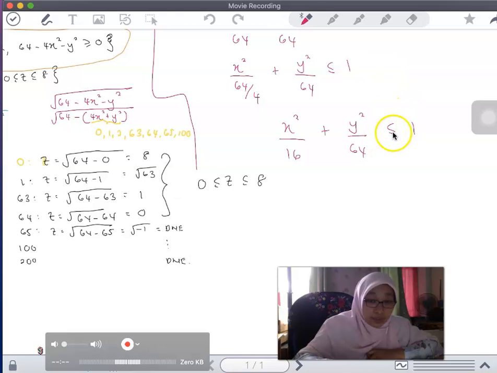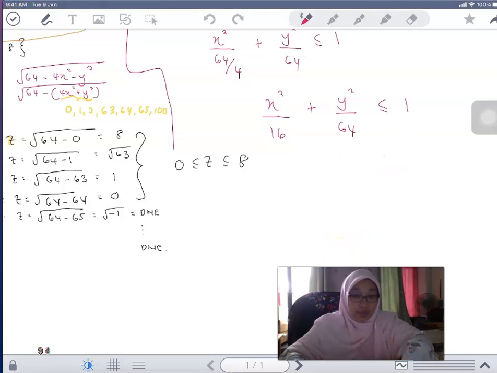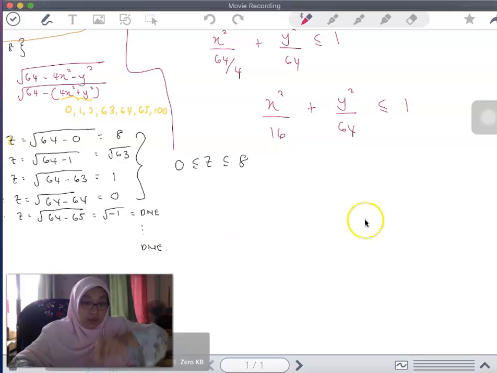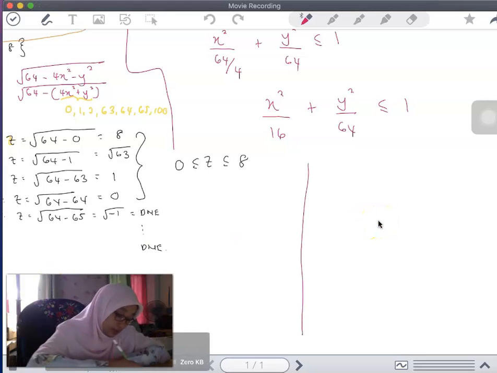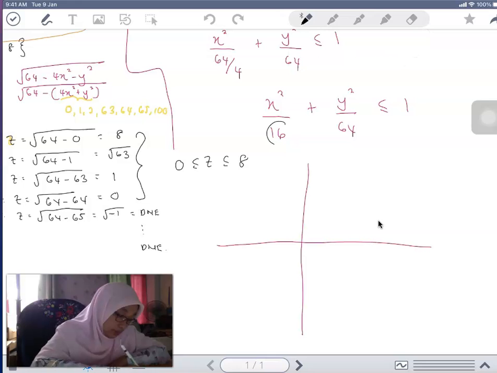You have to assume this is equal to 1. Okay, so in sketching the ellipse, it's just like a squared. So a tells you the length on the x-axis. So if your a squared is 16, so your a is 4, right?